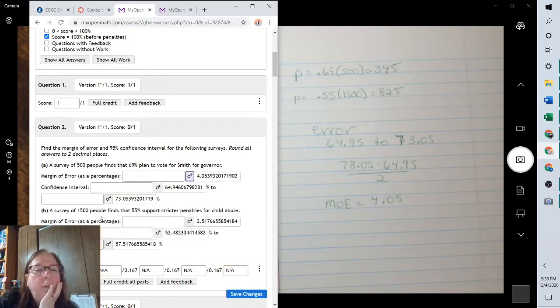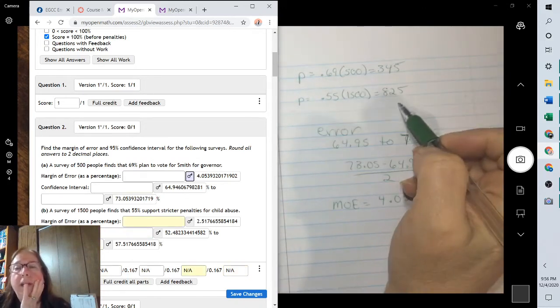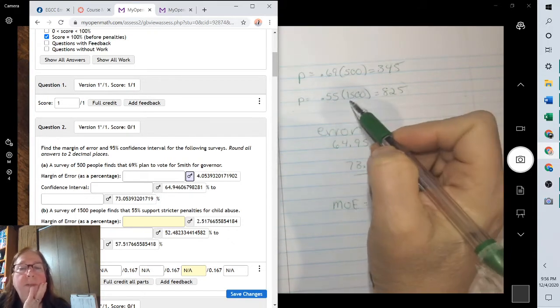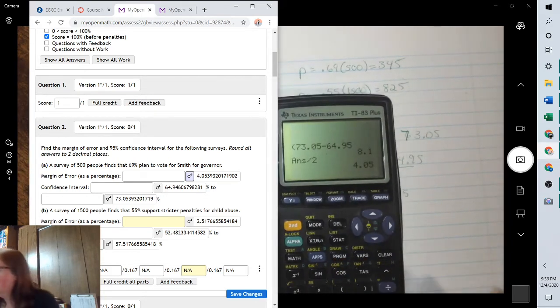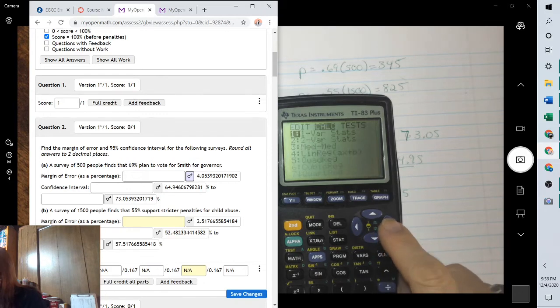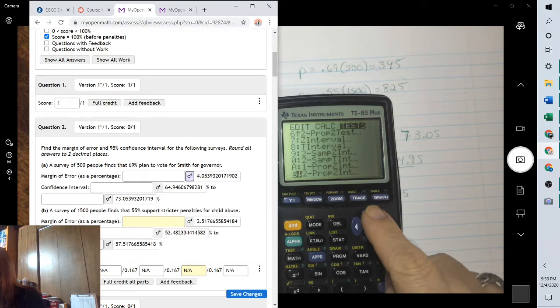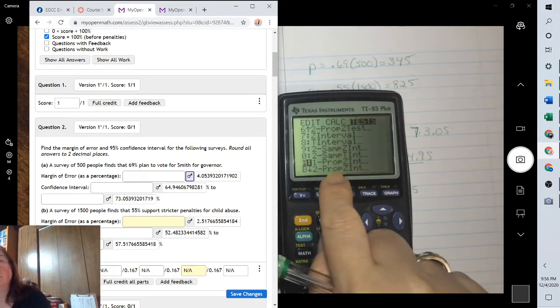For the next one, I found the X value to be 825 because it was 55% of 1,500 people. So it's 825. So we go into stat, over to test, down to 1-proportion Z. It's only 1 because it's 1 sample, not 2.